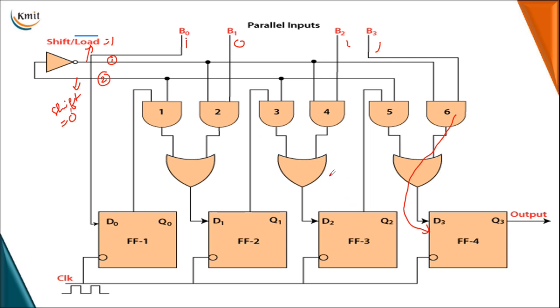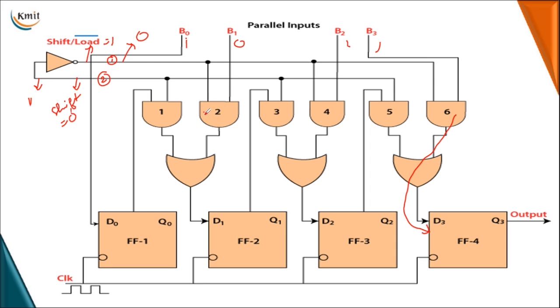So upon entering the parallel data, after loading your register fully, if you want to take the data out of your register serially, we have to shift the load control back to logical 0 and shift must be equal to 1. So the second line must be 1 and your first line now becomes 0.